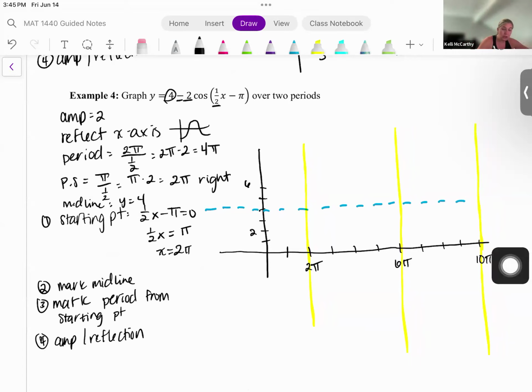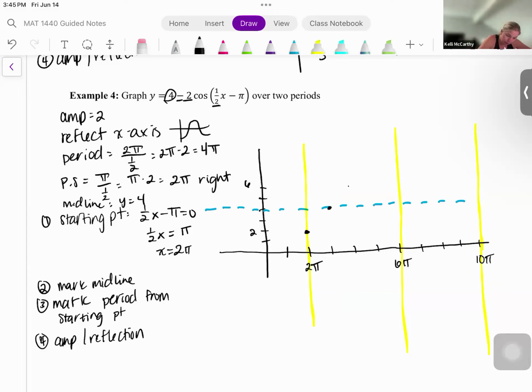Since we're dealing with cosine, we're going to start at a minimum. Again, thinking about that shape. We're starting at a minimum. We're starting at this yellow line. So this graph is going to start here at 2 pi, comma 2. Now, moving one segment to the right, we go to our midline.